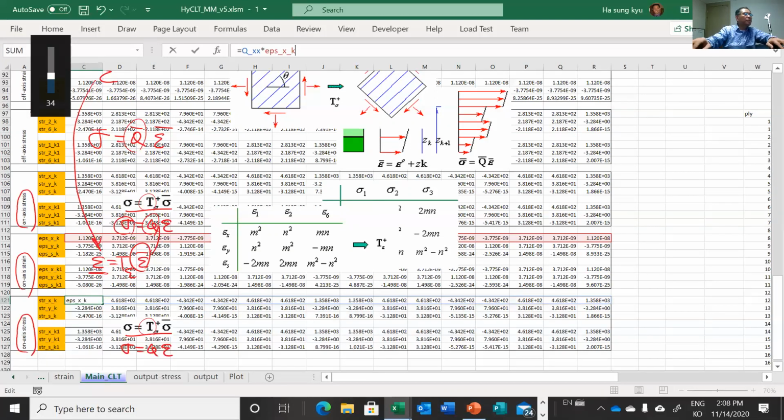Plus epsilon x y and epsilon y here, and no shear because this is the on axis.